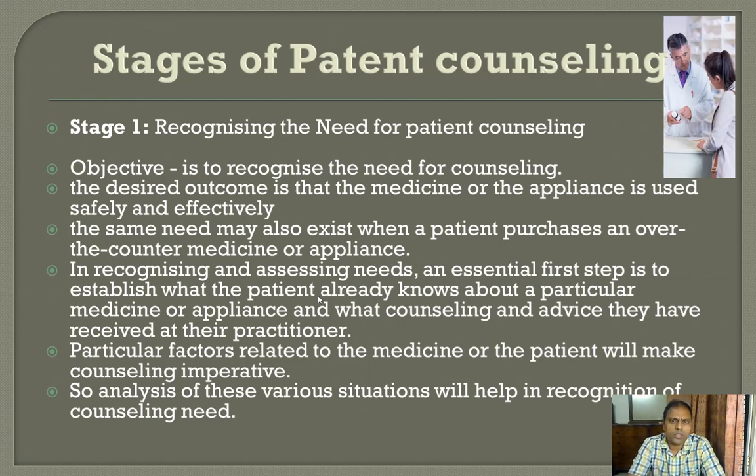So he is a busy person, and there is a need to identify whether a particular patient needs counseling. So the objective of stage 1 is to recognize the need for patient counseling.